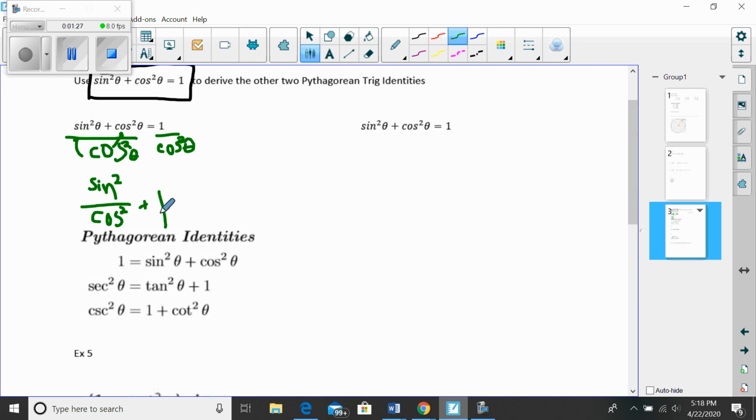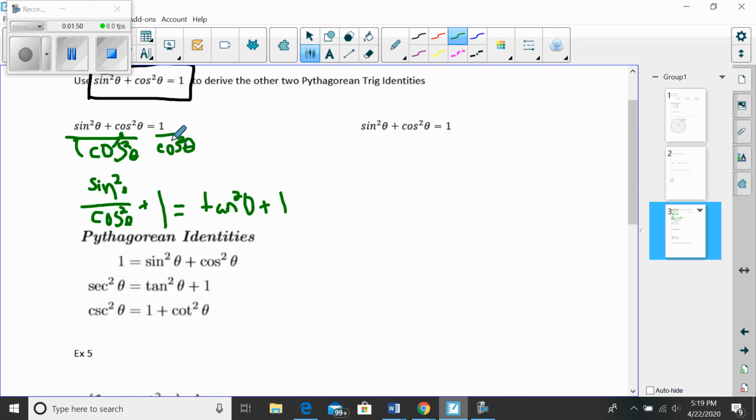I should have my thetas, of course. That's what I would get on this left-hand side. Well, what is sine squared over cosine squared? I should recognize that as tangent squared. So I get tangent squared plus 1.